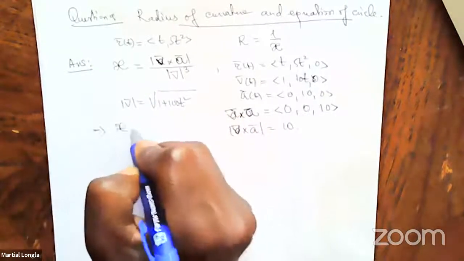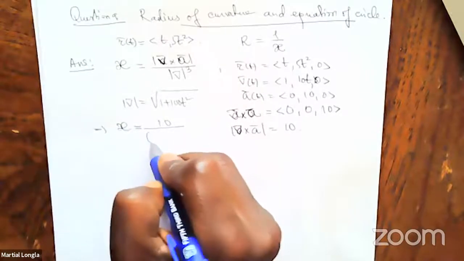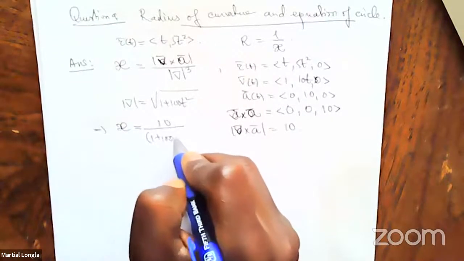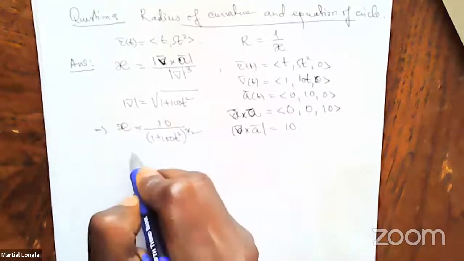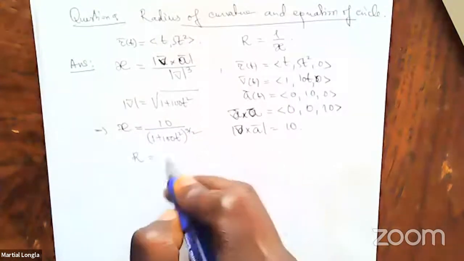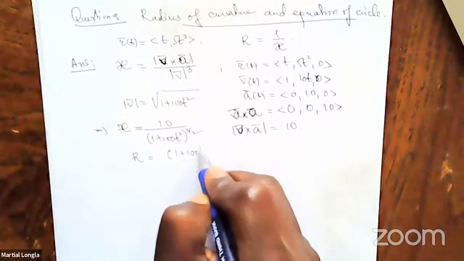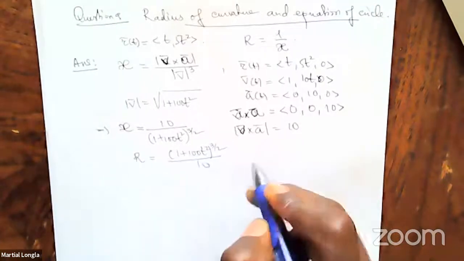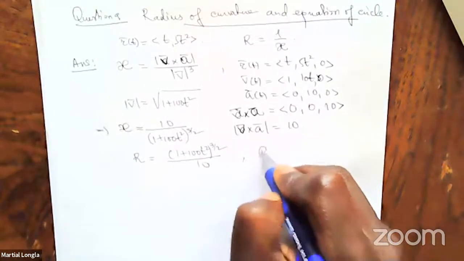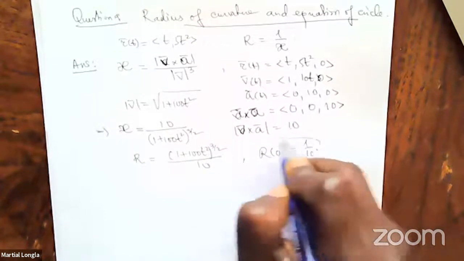So kappa is 10 over 1 plus 100t squared to the power 3 halves. And the radius of curvature is 1 plus 100t squared to the 3 halves over 10. Radius of curvature at 0 is therefore 1/10.